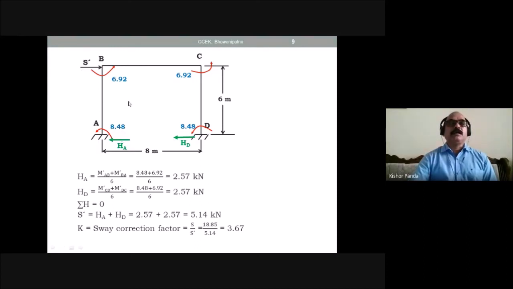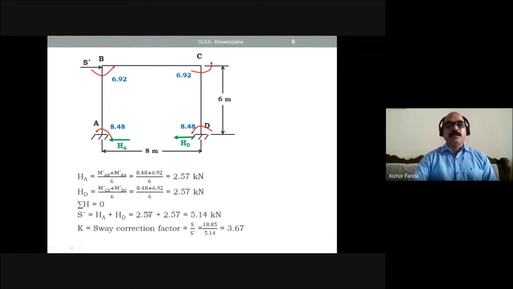When you find out the S dash, you have to take the summation of horizontal force equal to 0. So HA plus HD is equal to S dash. HA you got here 2.57 and HD you got here 2.57. So S dash is equal to 5.14 kilonewton. So this is the sway force.